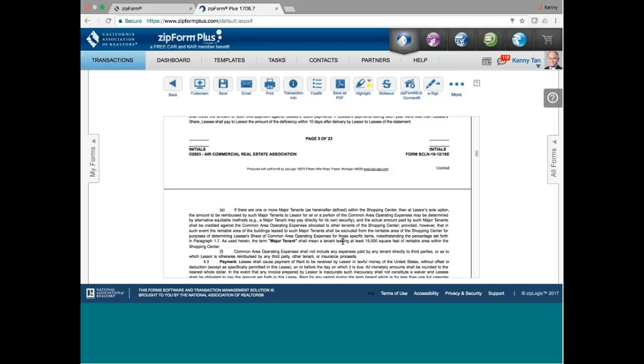So it might look like your percentage is high because Sears is not contributing. And the reason why Sears is not contributing is because Sears has already paid its own expense. Okay? So that's something for you to know.